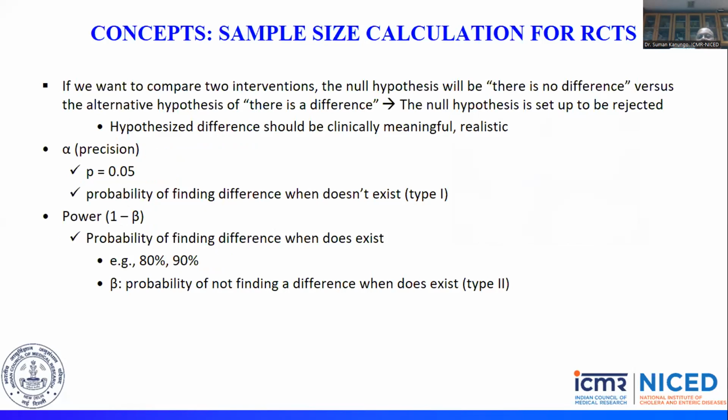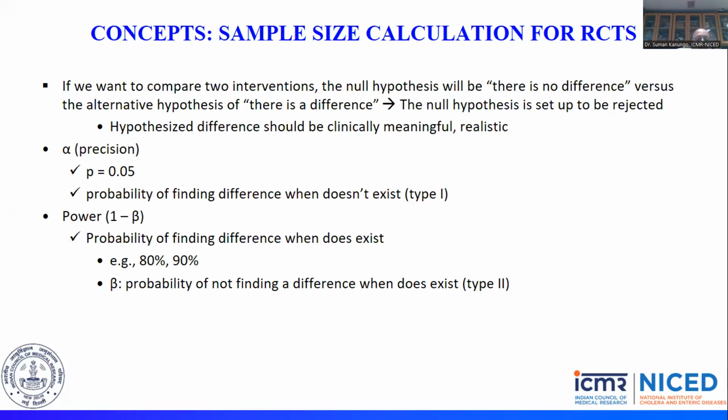This was discussed in detail, so I will not go into it. What are the important things that we want to measure? There is a difference, that is one thing. We need to know whether it is superior, more or less equivalent, or not inferior.